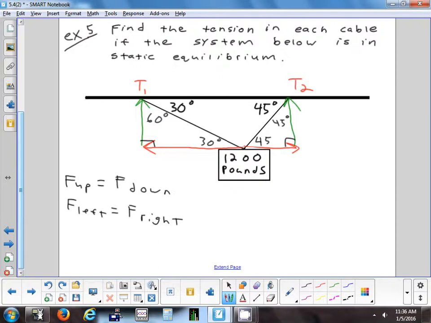I'm going to use the 30-degree angle. Okay, what side is that green one? Opposite, adjacent, or hypotenuse? Opposite. And then T1, is that adjacent or hypotenuse? That's hypotenuse.